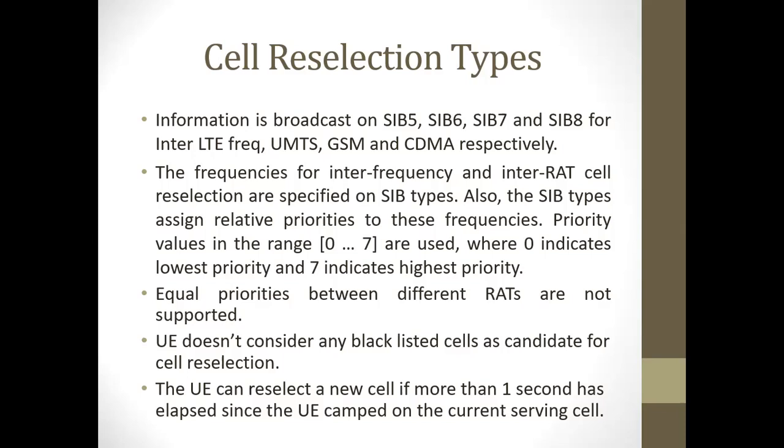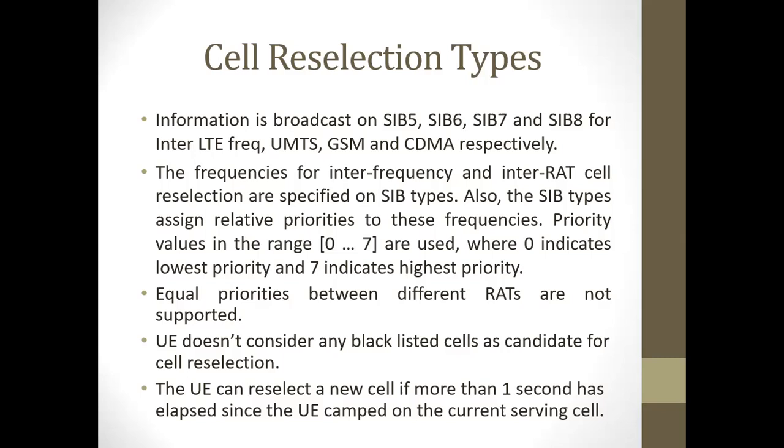Among them, SIB 3 to SIB 8 are all used for mobility purposes. But if I talk about 5 to 8, then SIB 5 contains only information for inter-LTE other frequencies. SIB 6 contains 3G cell information around.